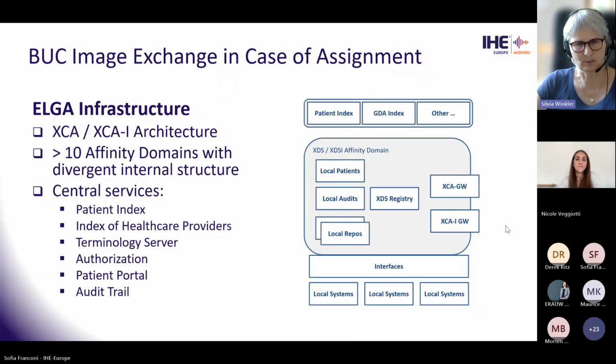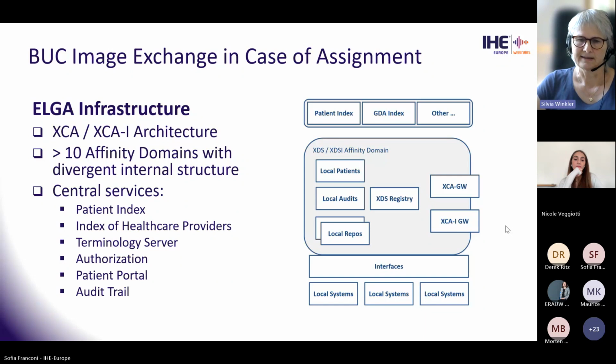One is a central patient index. We have a central index of healthcare providers. We have a centralized terminology server. Authorization is done centrally. We have a patient portal where patients may access their data. And we have a central audit trail that tracks all the access to the data in the infrastructure.